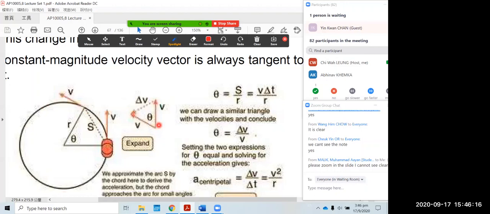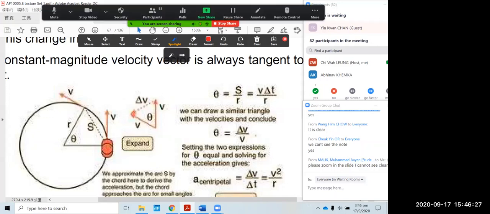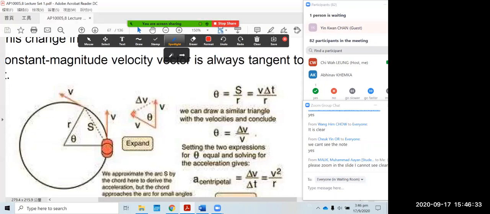So this is the initial velocity. This is the final velocity. Change of velocity would be Vf minus Vi.